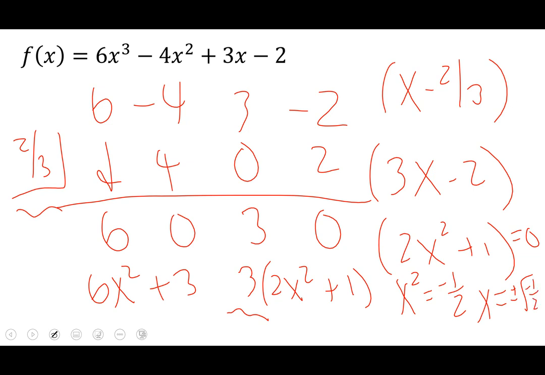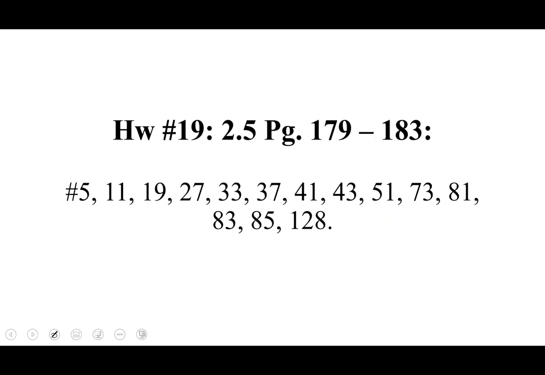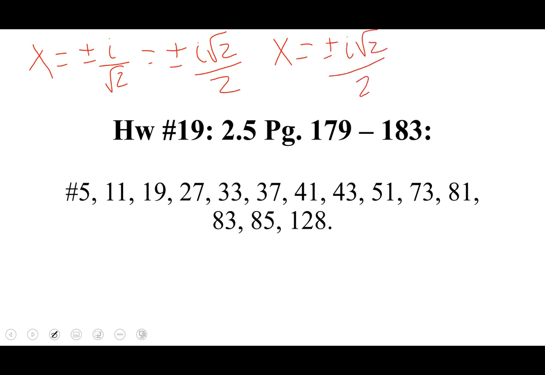I'll just go ahead and finish it up on the homework screen. So the square root of negative 1/2, that would be equal to plus or minus i over the square root of 2. You would then rationalize, which would be plus or minus i radical 2 over 2. So again, just to clarify from the previous problems, my 3 solutions are plus or minus i radical 2 over 2 and 2/3.